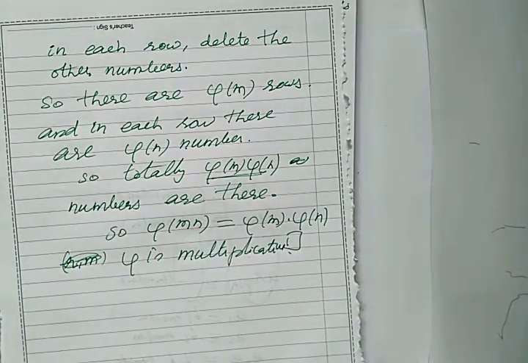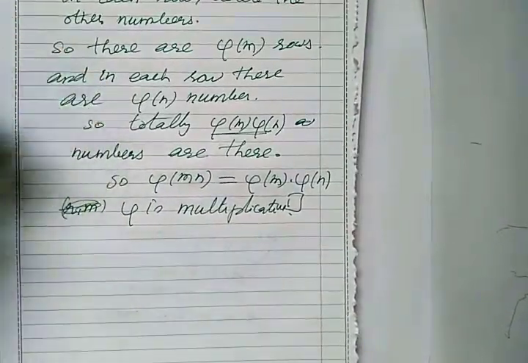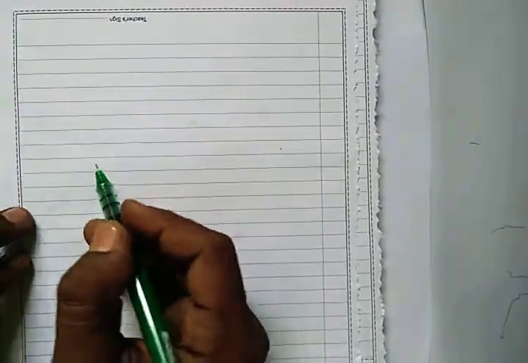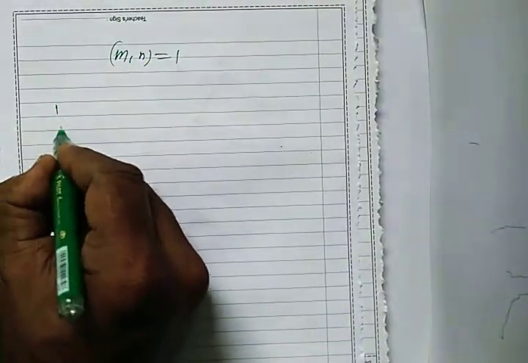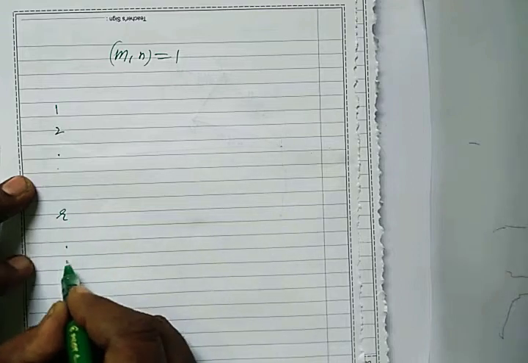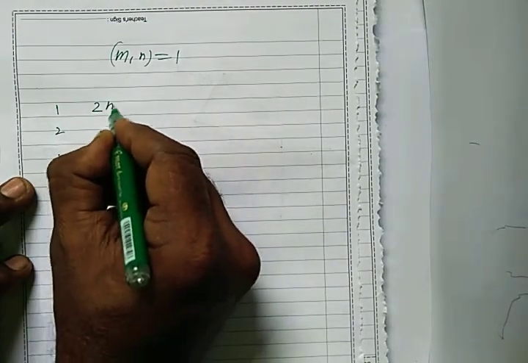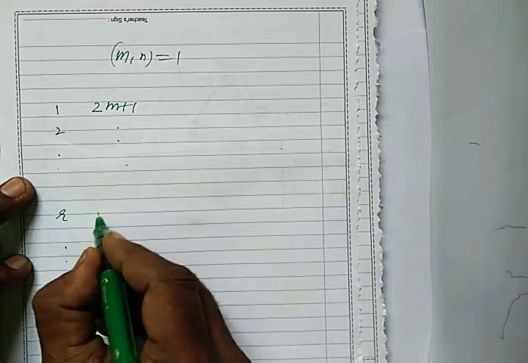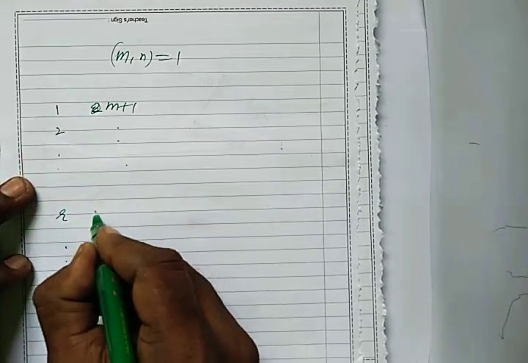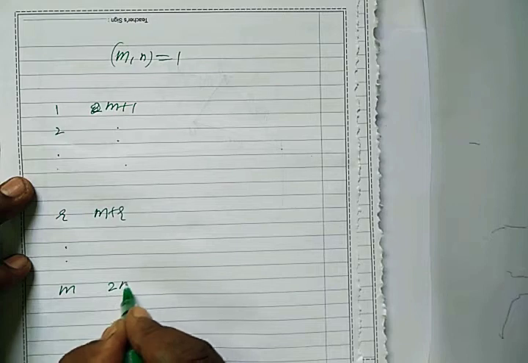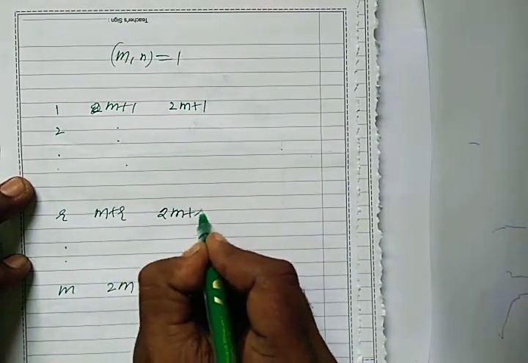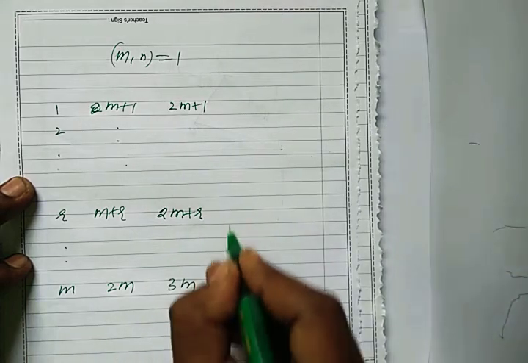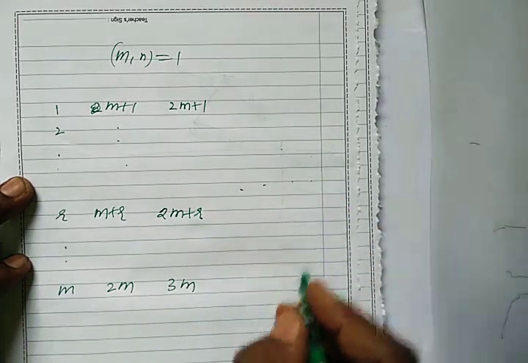So we proved it. Let me sketch the proof again. m and n are relatively prime. We write 1, 2, 3, up to r, up to m, then m plus 1 up to m plus r, 2m, 2m plus 1, up to 2m plus r, and 3m, and so on.